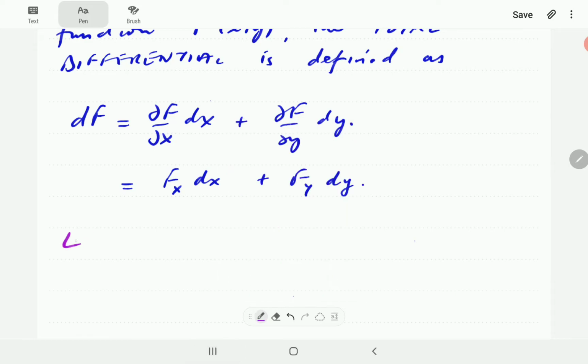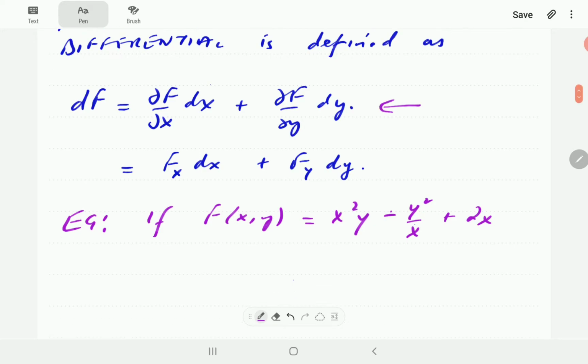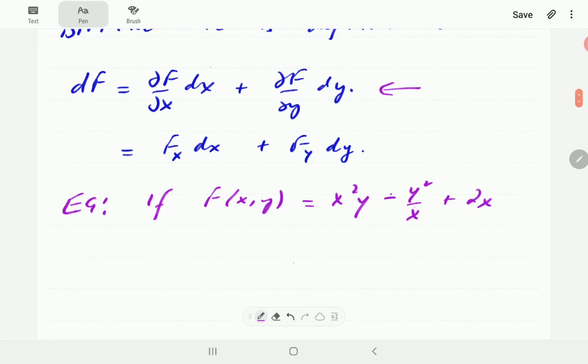Let's look at an example. So if f is equal to x squared y minus y squared over x, let's say, and then plus 2x. What this definition is saying is that the total differential is simply going to be the partial derivative of f with respect to x, which we multiply by dx.